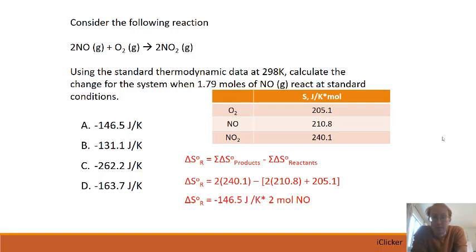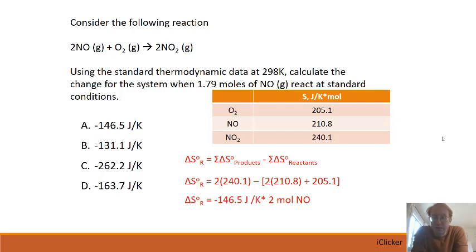But now, because my question is specifically talking about nitrogen monoxide, it's not per 1 mole of NO. I have 2 moles of nitrogen monoxide for my balanced equation. So I change my denominator to talk about the specific compound that the question is asking about. And when I do that, I need to include any coefficients from my balanced reaction. So the delta S for this reaction is a loss of 146.5 joules per Kelvin for every 2 moles of nitrogen monoxide.